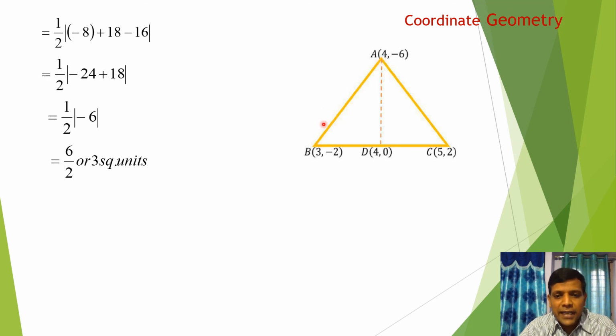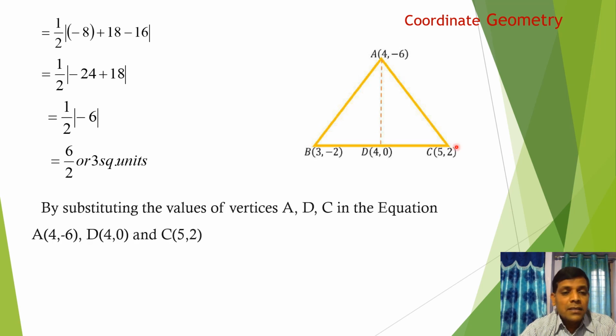Now let us find the area of triangle ADC. By substituting the values of A, D, C in the area of triangle formula, write down the coordinates: A(4, -6), D(4, 0) and C(5, 2).